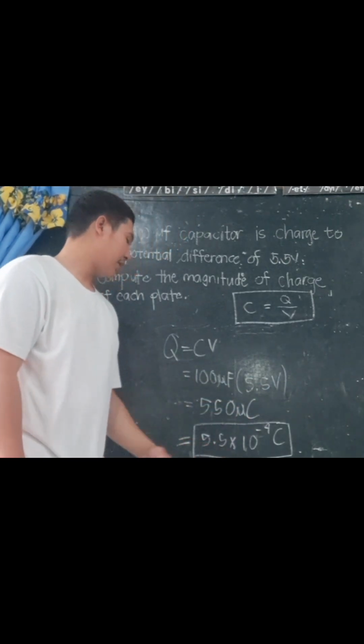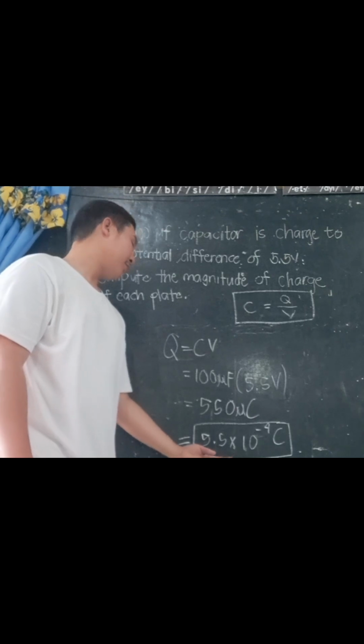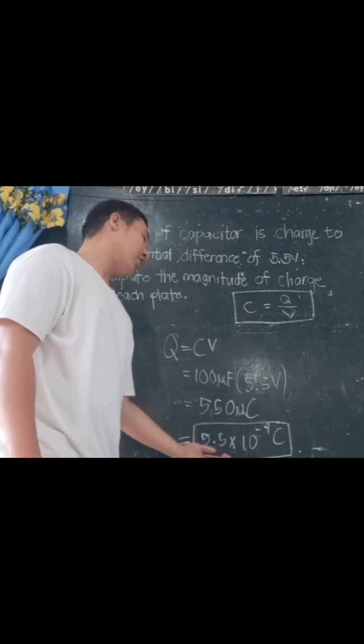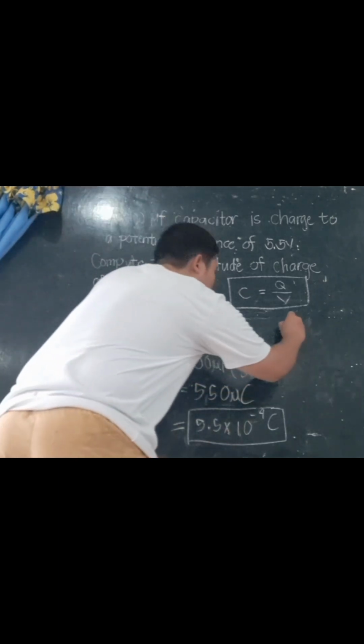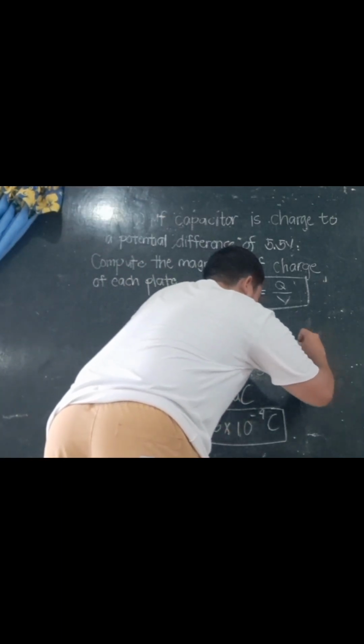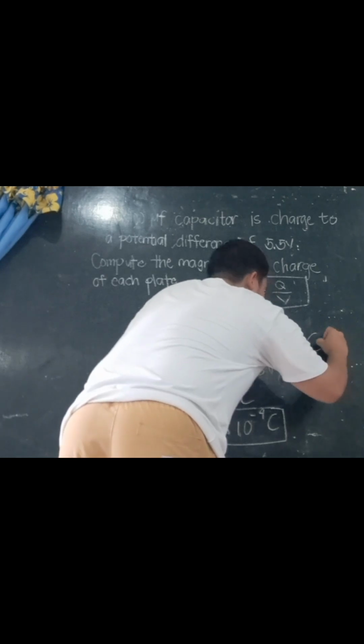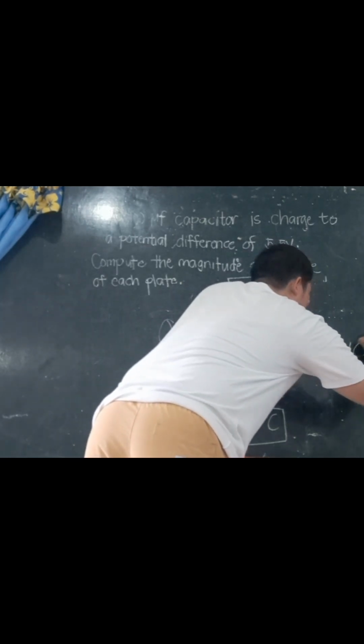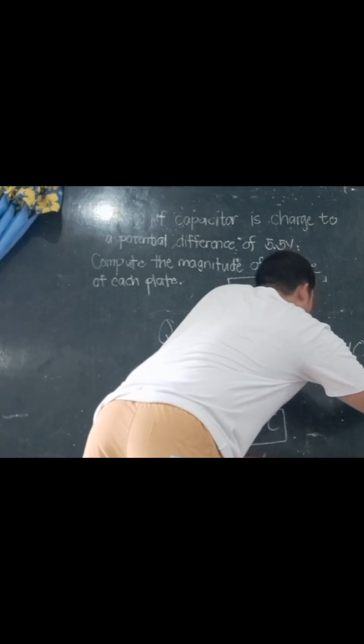You must be wondering where I got 5.5 times 10 to the power of negative 4 coulomb. So 1 microcoulomb is equivalent to 1 times 10 to the power of negative 6 coulomb.